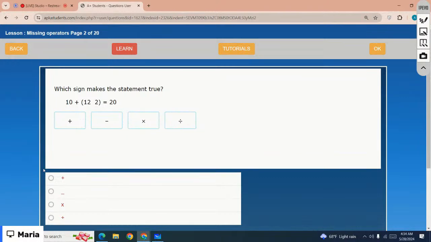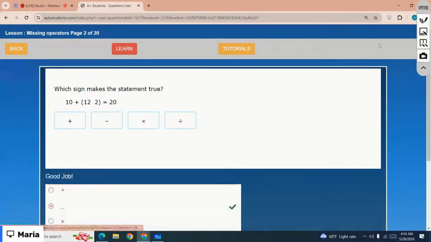Yes, minus it is. The correct option is subtraction because 12 minus 2 is 10 and 10 plus 10 is 20.